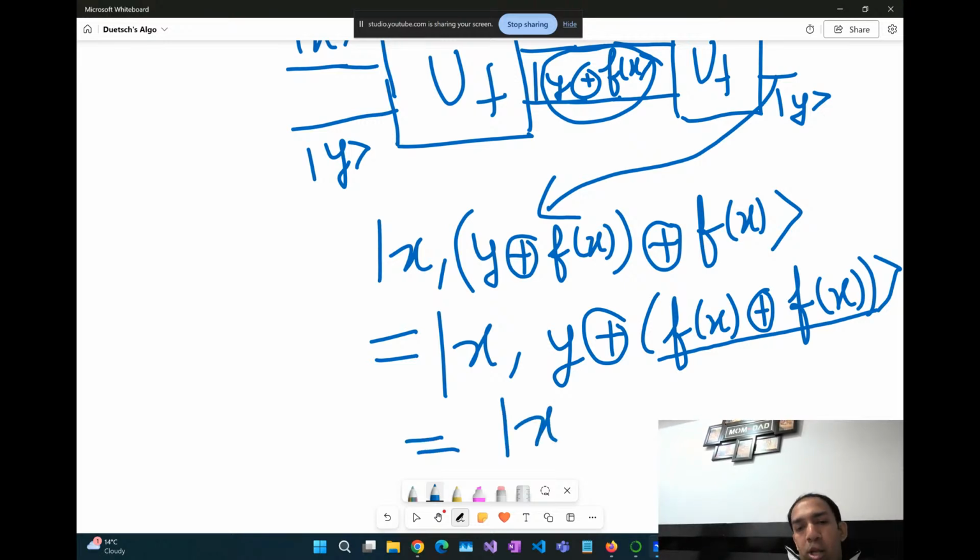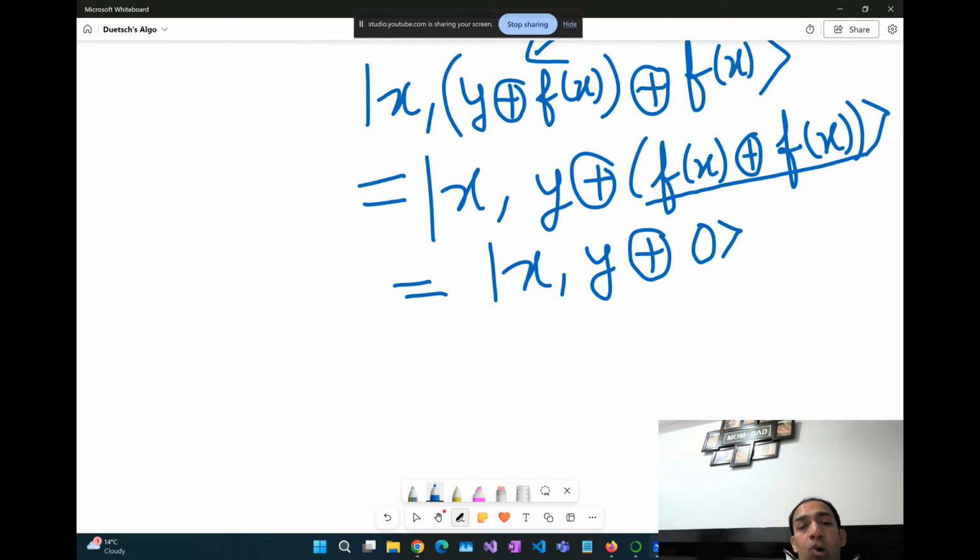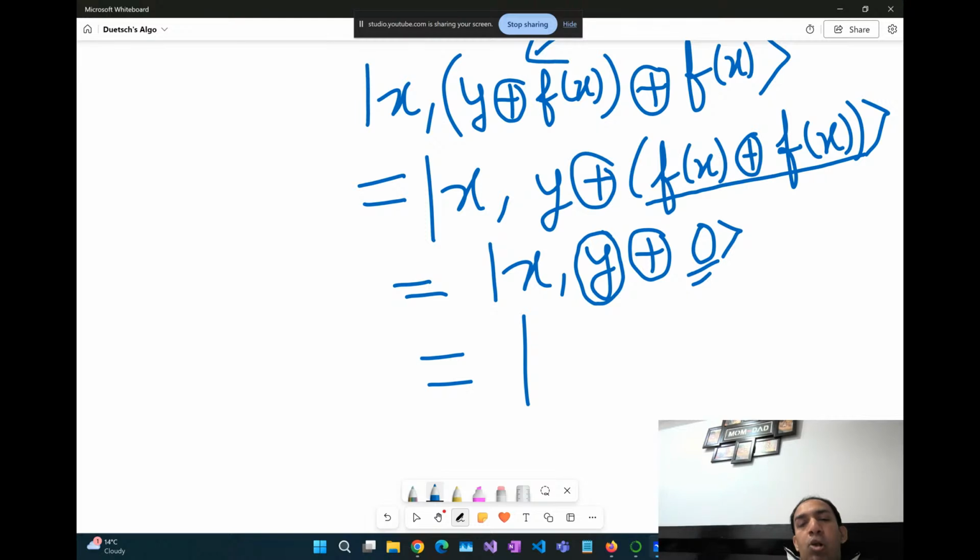Which means that this thing becomes 0 here. And we again remember that in an XOR gate, whenever any input is 0, it simply passes on the rest of the operation. So this will get ignored, or I would say this will simply pass on the y.